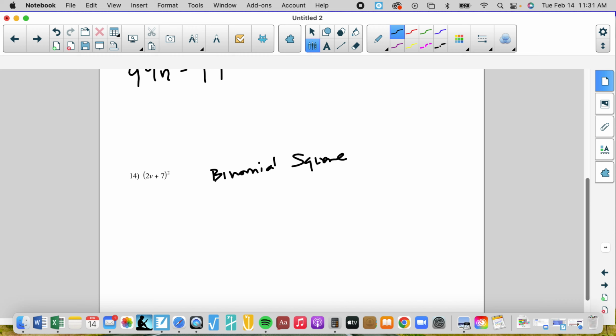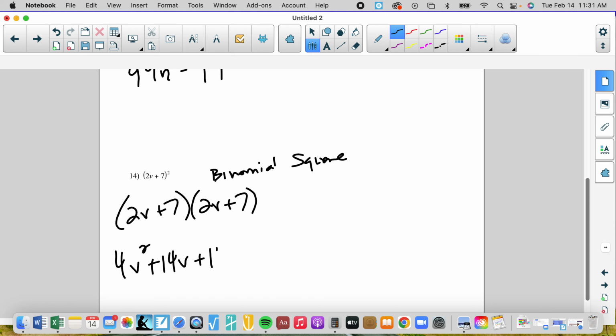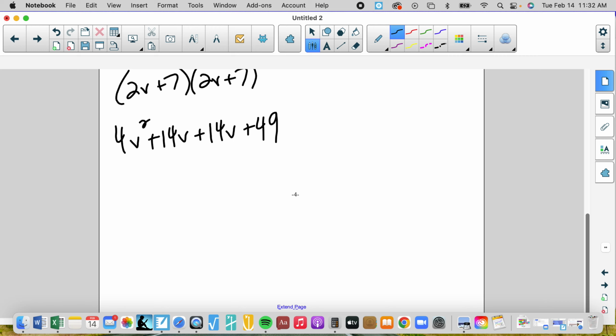So again, I can either write it out and do the long FOIL, which gives me firsts, outer, inner, and lasts. And I'd notice in all binomial squares, my outside and inside will be identical, not opposite, they're going to be identical. So there's two of those. So I'm just doubling that value.